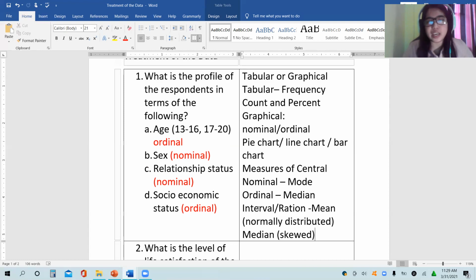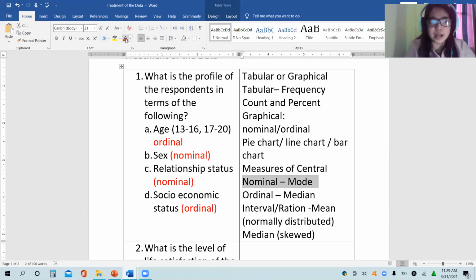It looks like nominal, so you also need to assess that it doesn't look like ordinal anymore, because of course it's just limited to two, so it is categorical in general. So it would be better if you will present it using mode.